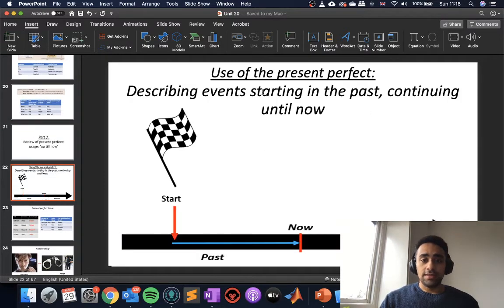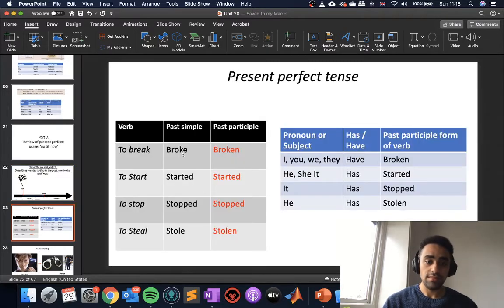So we want to describe something that is either happening in the past and still continuing, or something that has an effect right now. And the way to use it, we have to use the past participle version. So let's look at the formula here. We have the subject, and then we use have or has. These are our helping verbs.